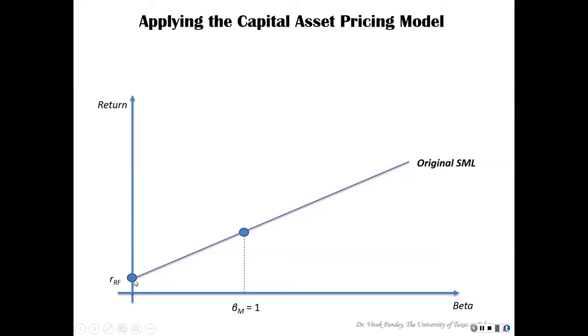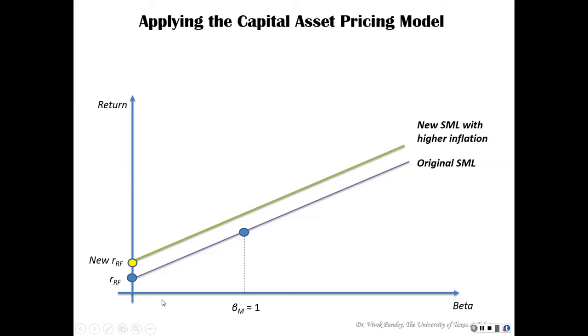And what's the nominal risk-free rate? It's the real risk-free rate plus inflation premium. So if inflation were to increase, then we will see that the nominal risk-free rate will rise. And because of that, all assets will see an increase in their returns, no matter what the beta is. It's basically a parallel shift in the security market line, right?